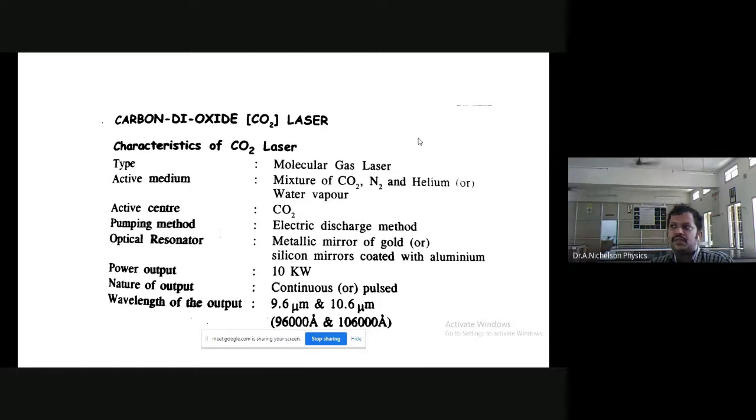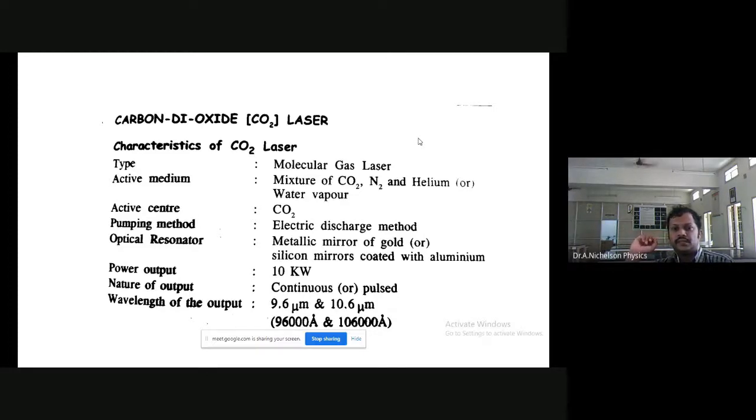You know the role of the optical resonator, which is responsible for increasing the intensity of the laser. Here we are using a metallic mirror made of gold or silicon, coated with aluminum. One side has a 100% reflecting mirror and the other side has a partially reflecting mirror. That is the optical resonator setup.